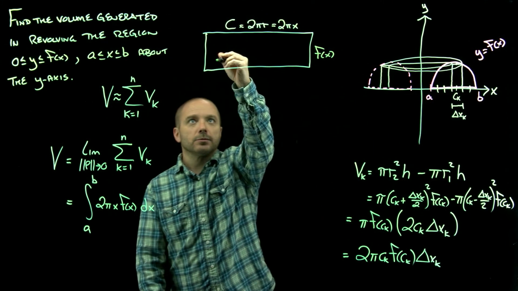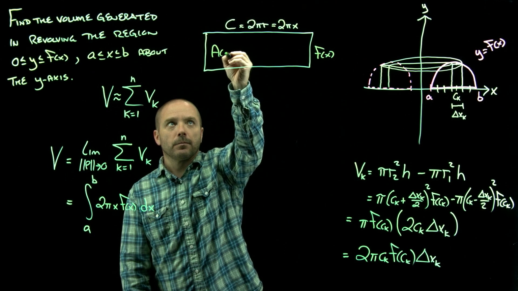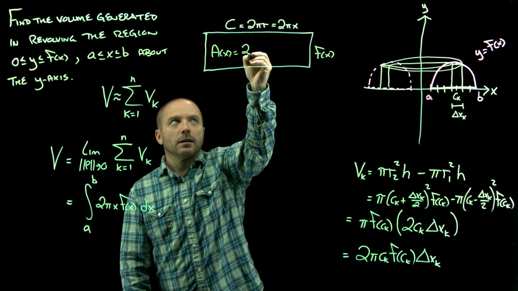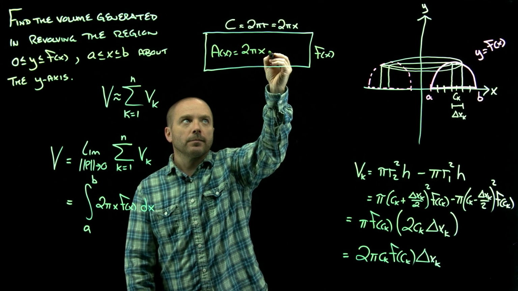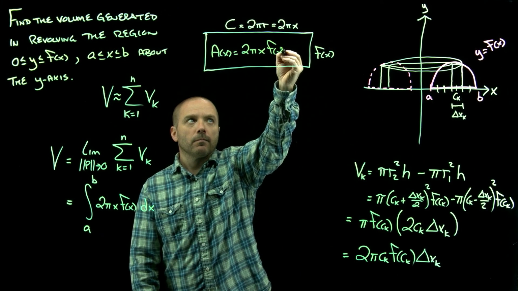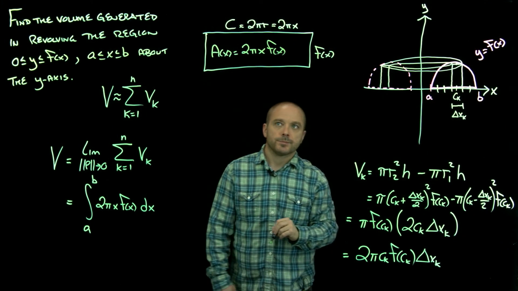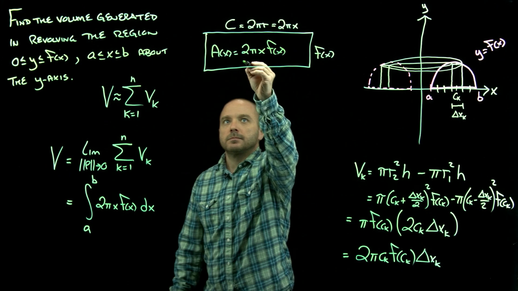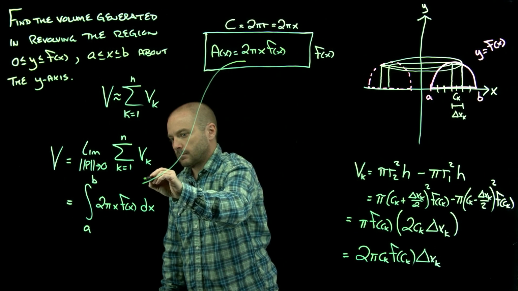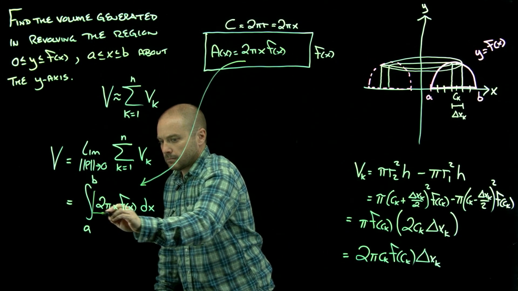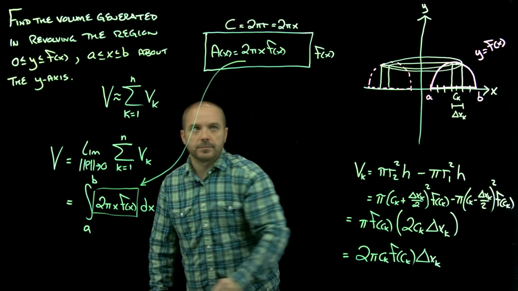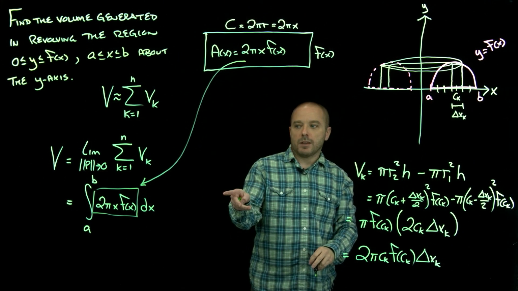So the area of this rectangle, base times height, is 2 pi x f of x, which is exactly what we have there.